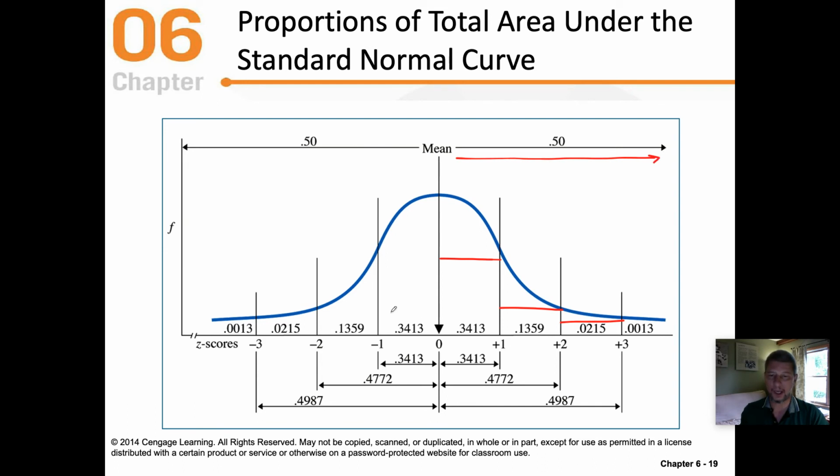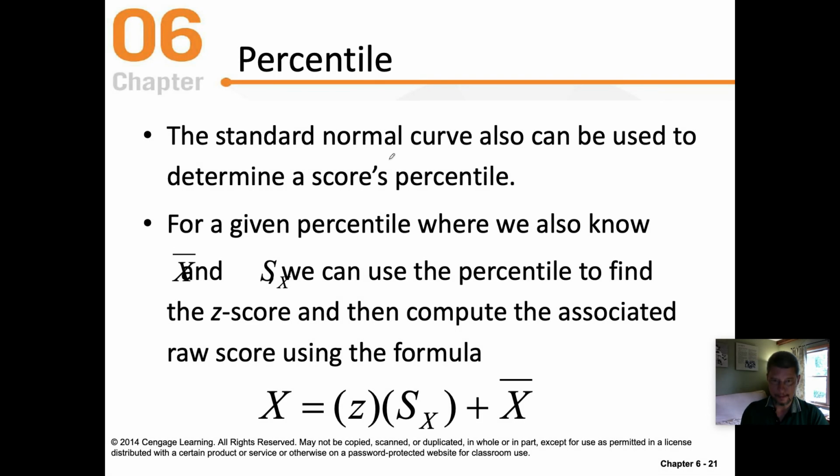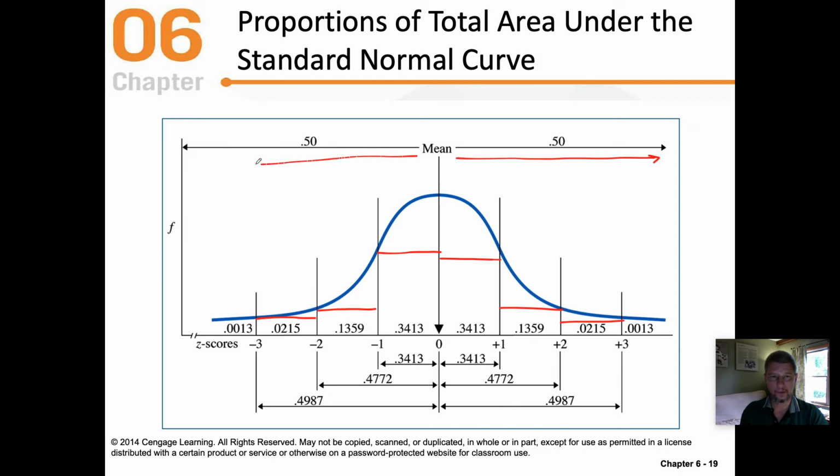The same thing is true on the left side. You've got 34% here, almost 14% here, and a little over 2% here. And again, this represents 50% of the scores below the mean.